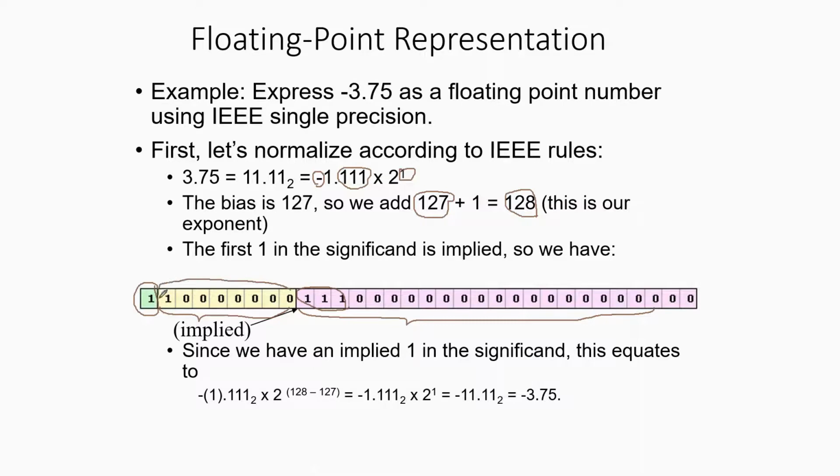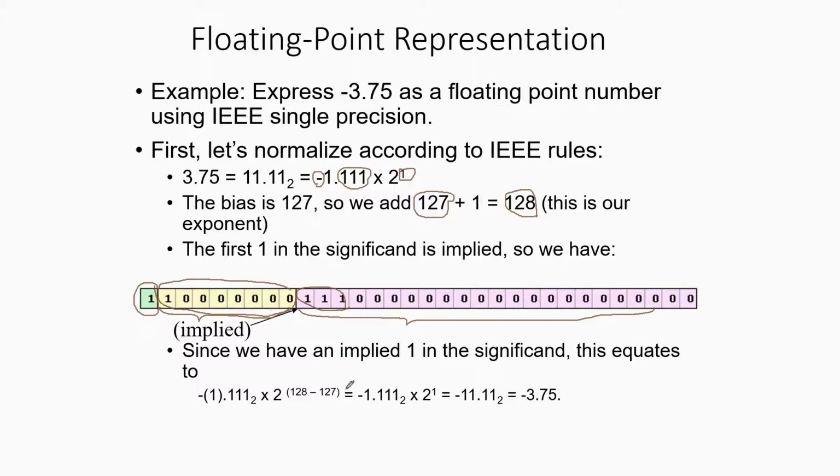Stored value is 128 because that is how we stored the value. We had the exponent 1, we added the bias 127 and we obtained the value 128 and we stored it in the memory.